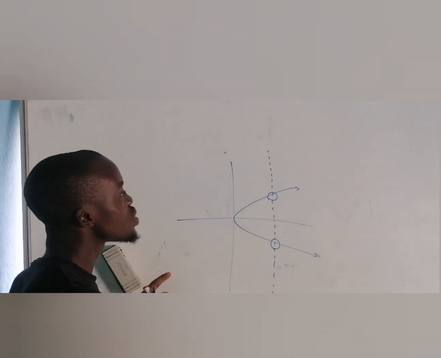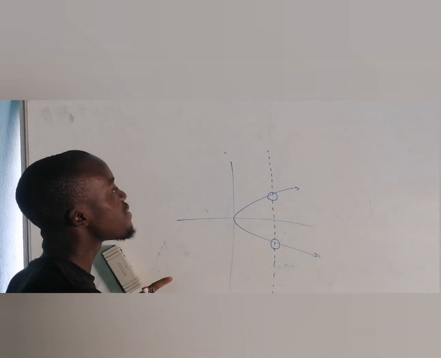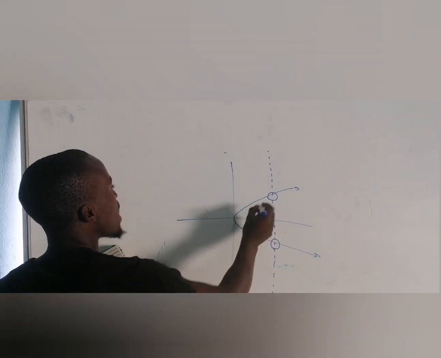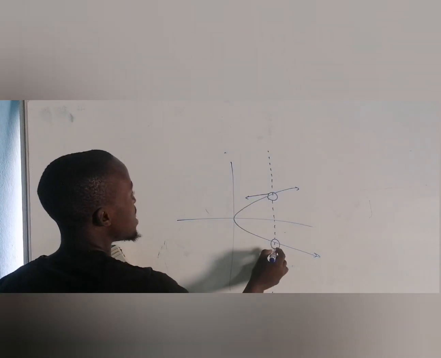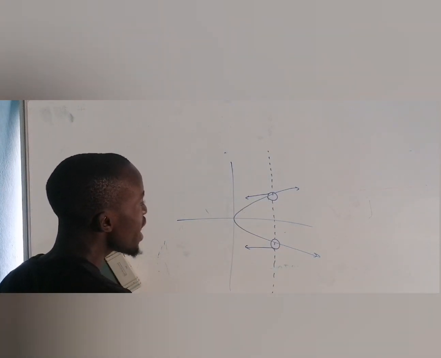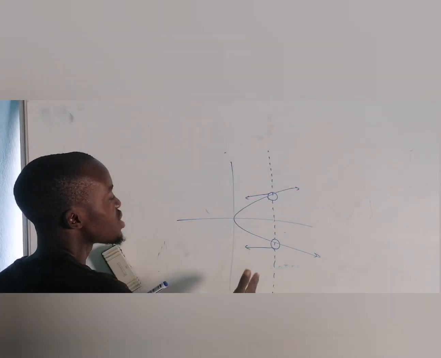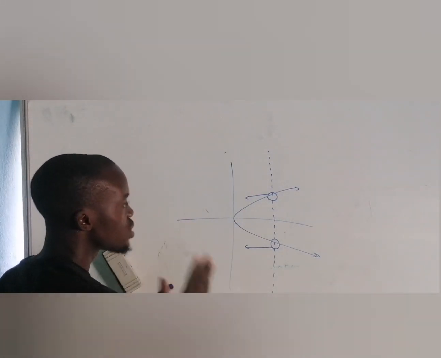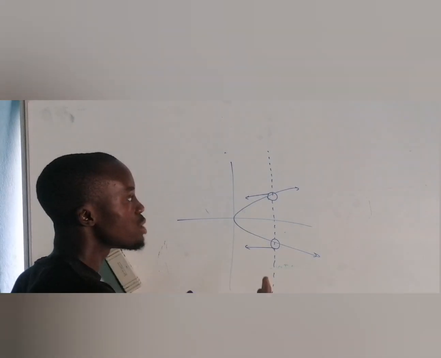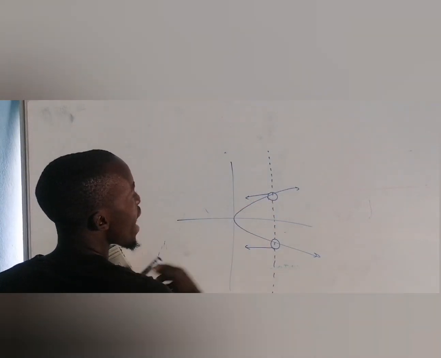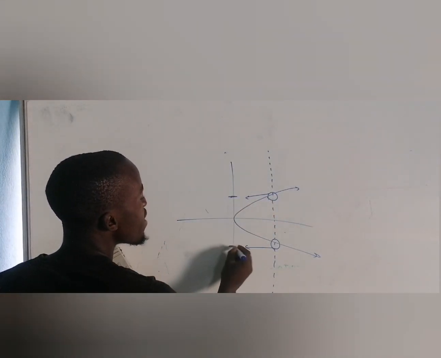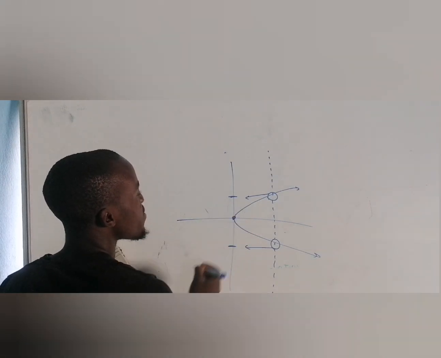So what are the requirements for us to have a relation? It is when the vertical line test touches the graph 2 times. We say it's a relation because it has 2 y values to a single x value.